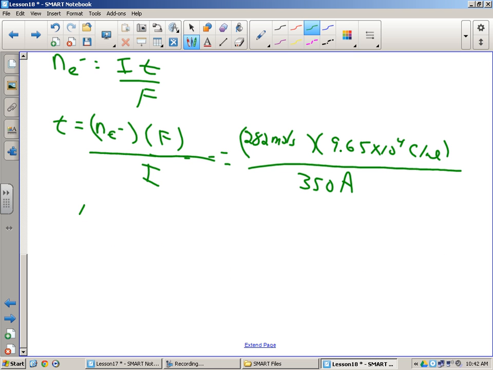Now, the time that you get, of course, you have to remember that when you're using this formula, time is in seconds. So, of course, you're going to get a fairly large number here, 77.5 seconds. Okay?